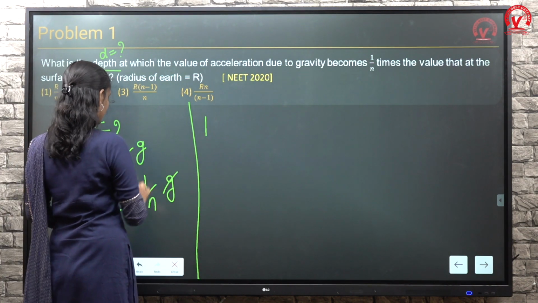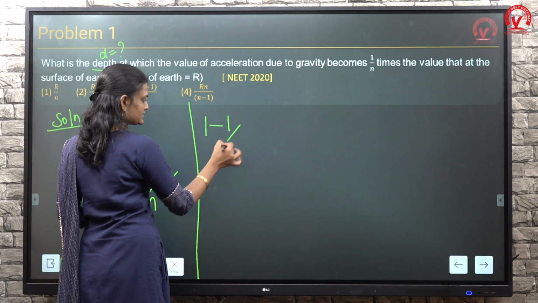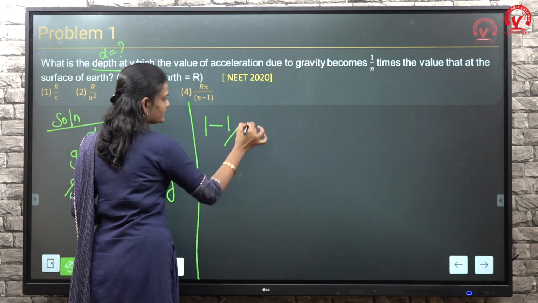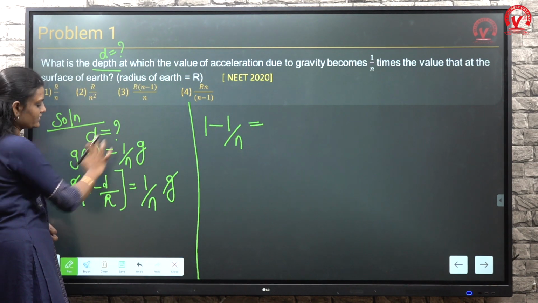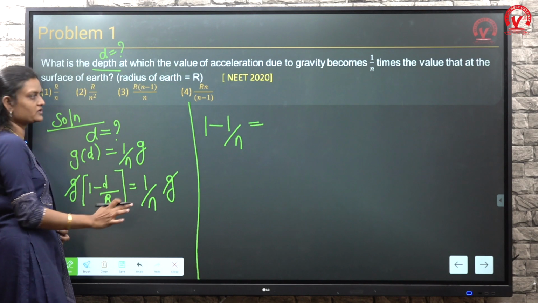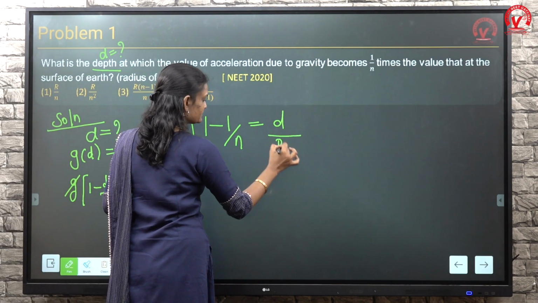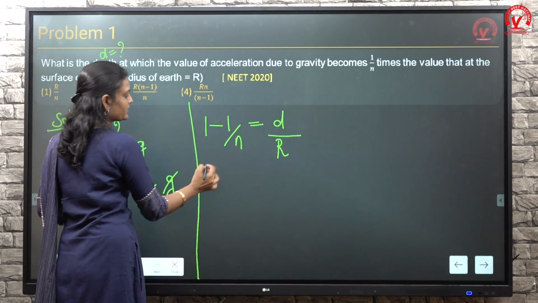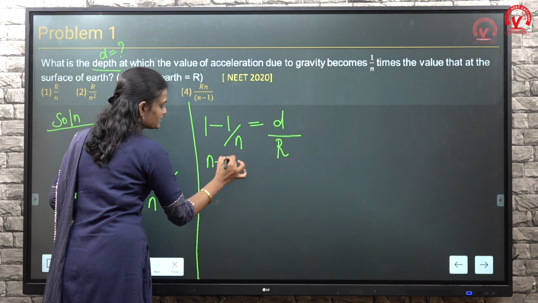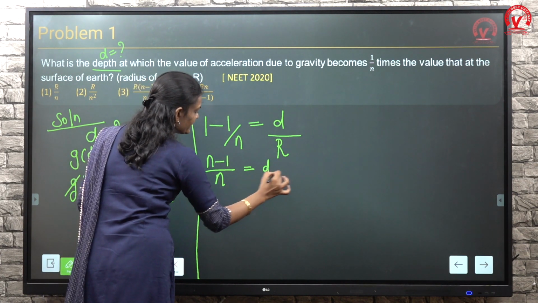Here we have a positive sign, so 1 minus 1 by n is equal to d divided by R, since the negative sign becomes positive on moving to the other side.